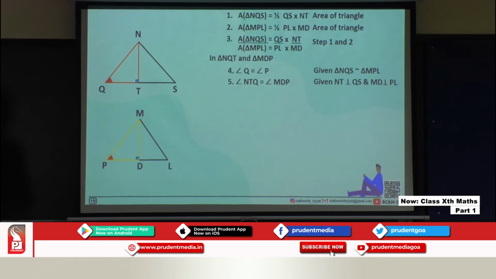So NT is perpendicular to QS and MD is perpendicular to PL. Okay. Now, based on these 2 steps, right, the 4th one and the 5th one, where 2 angles of one triangle are equal to 2 angles of the other triangle, I can say that triangle NTQ is similar to triangle MDP by AA similarity test.